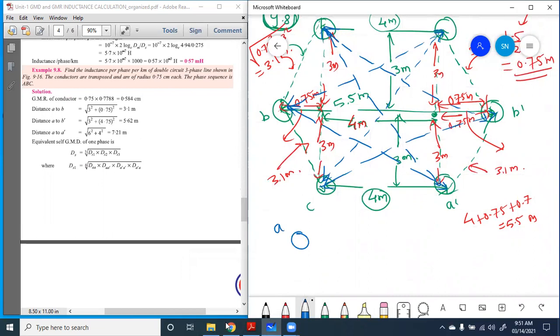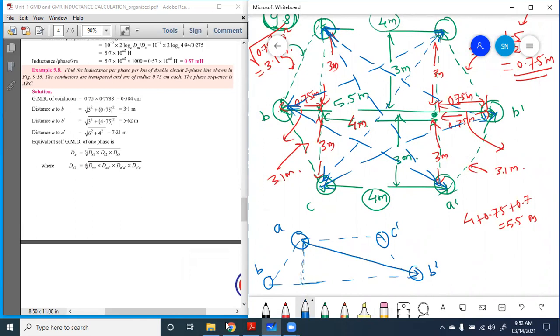A, this is conductor A, this is conductor B', this is conductor C'. Okay. And this is the conductor B.